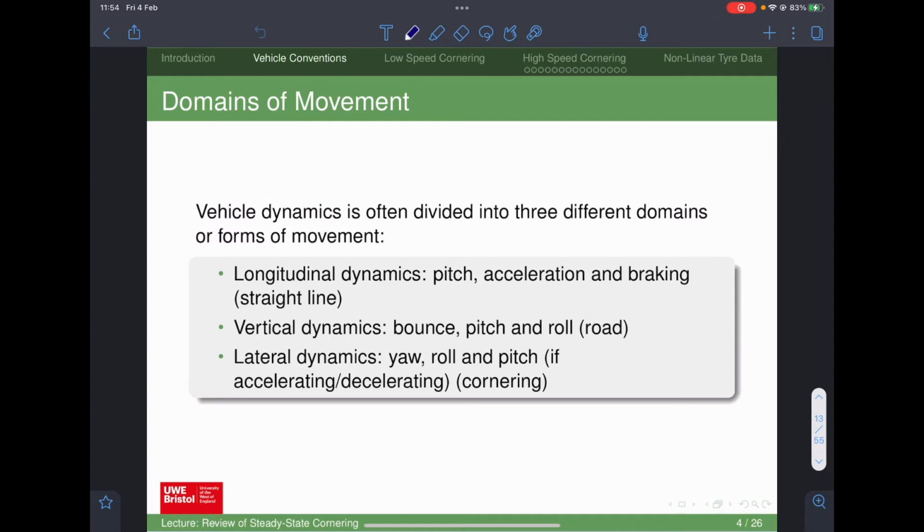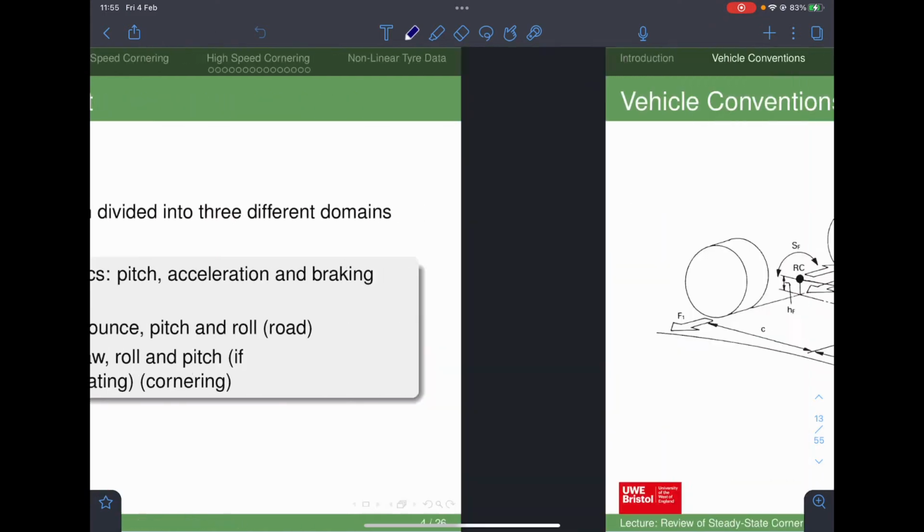And then lateral dynamics: you've got yaw, pitch and roll, if you've got acceleration and deceleration at the same time, and cornering. Longitudinal dynamics is in a straight line, the road will impact the vertical stuff, and then if you're cornering, that's when the lateral stuff starts to come into play. Those are the things you need to consider.